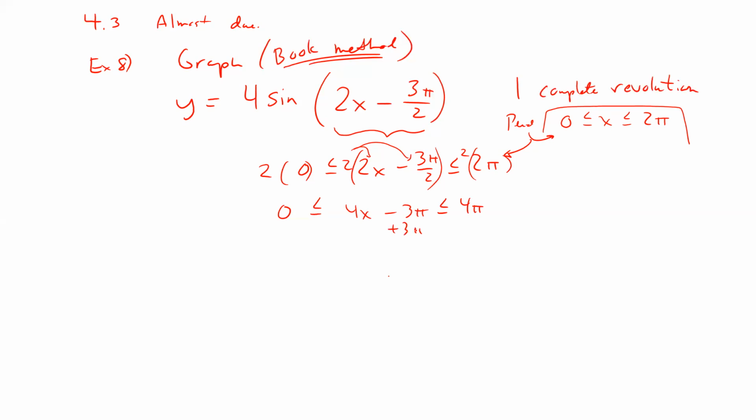Adding 3 pi to both sides. Guess that's what we're going to do, to cancel off the little middles here. So I got a 3 pi in this way. I have a 7 pi over here. Divide by 4, divide by 4, divide by 4, and voila.